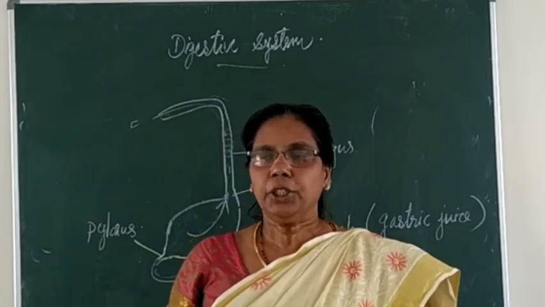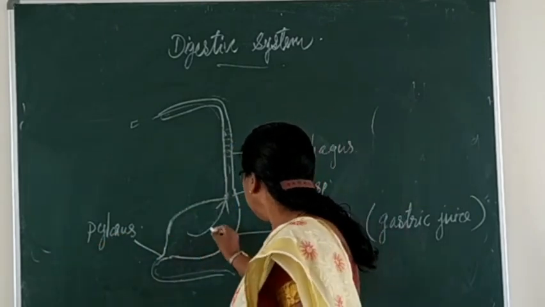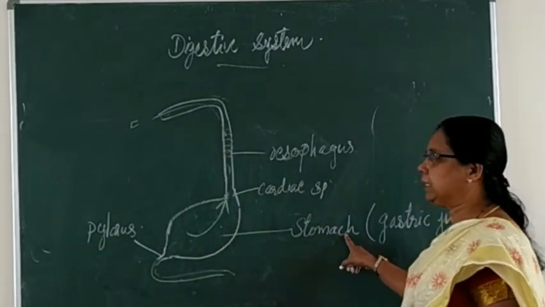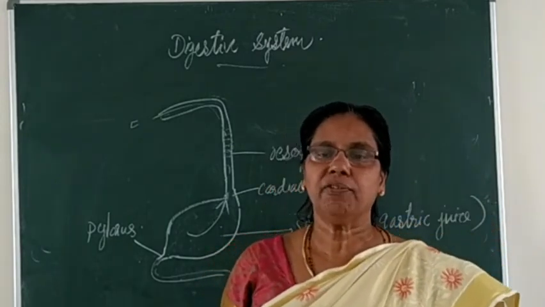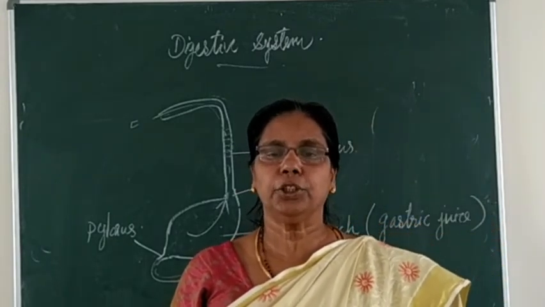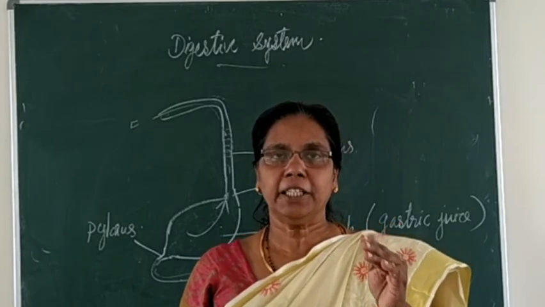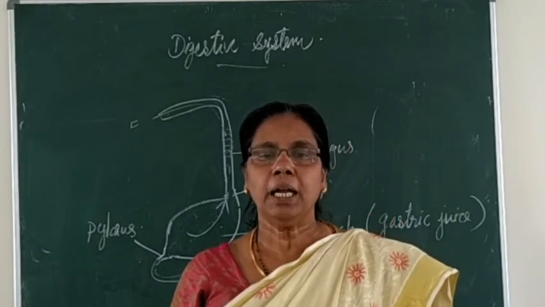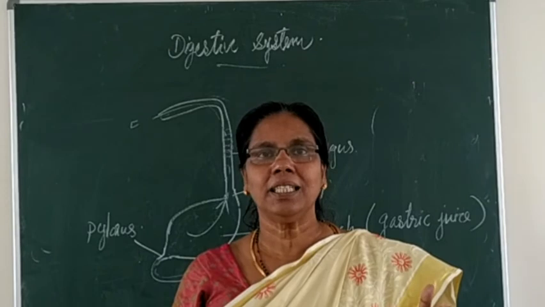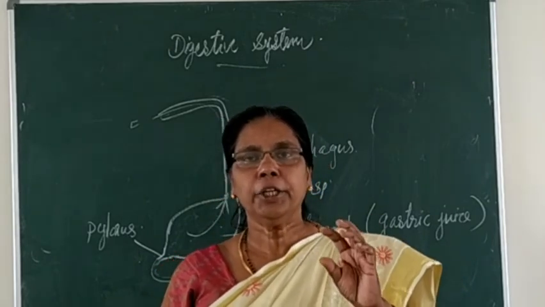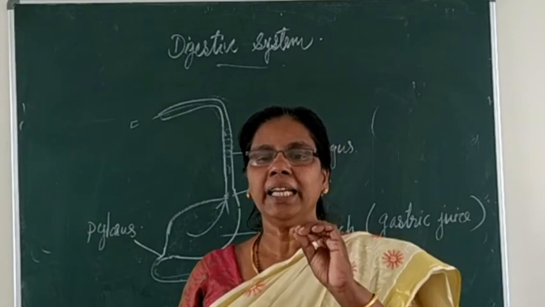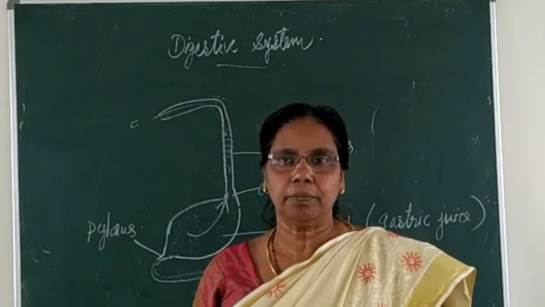I told you already about the juice secreted by the wall of the stomach, that is gastric juice. Now we can see what is the function of this gastric juice. It is secreted by the inner lining of the stomach, and it is a colorless liquid. It is highly acidic in nature.